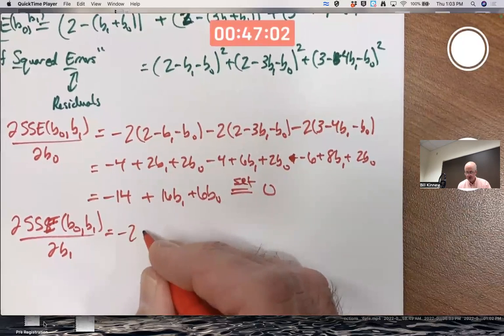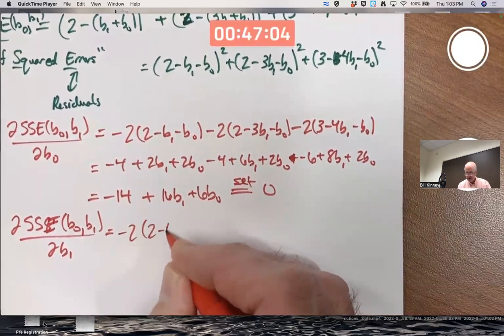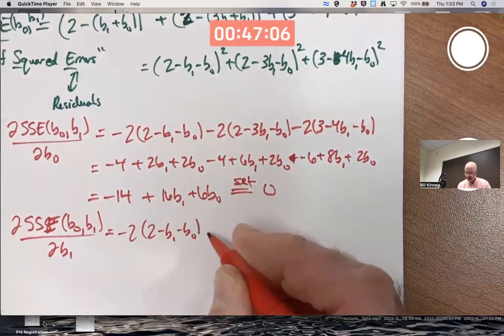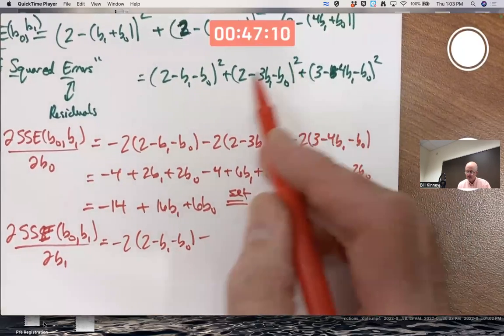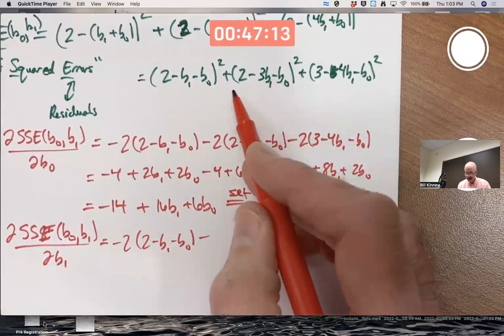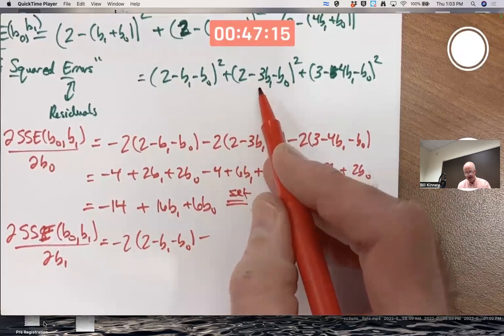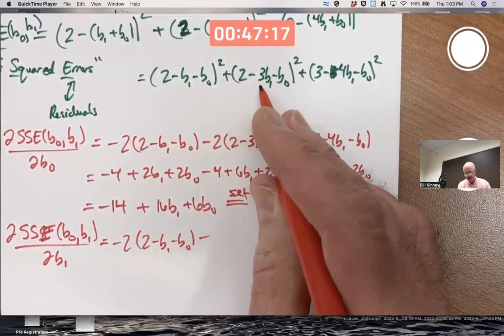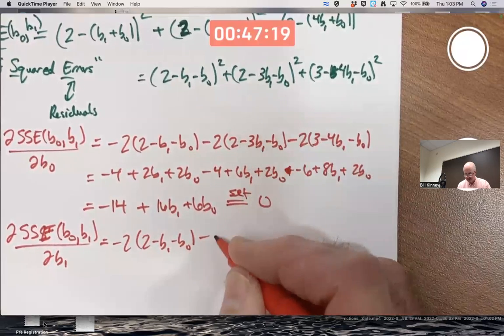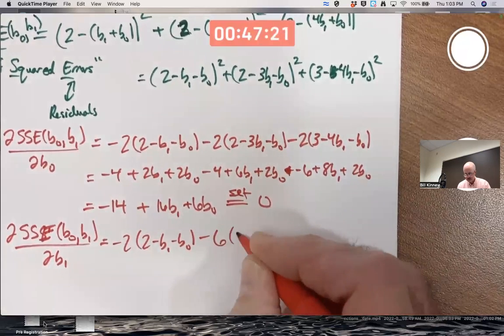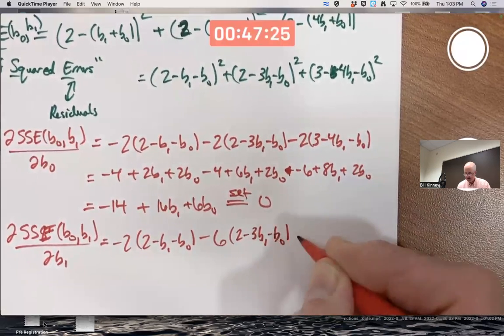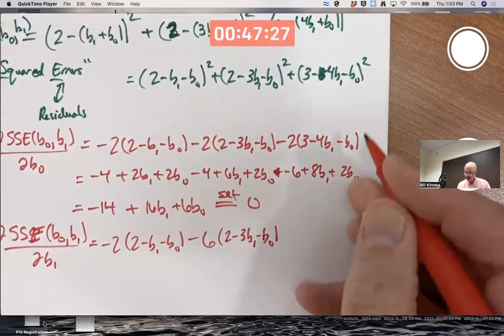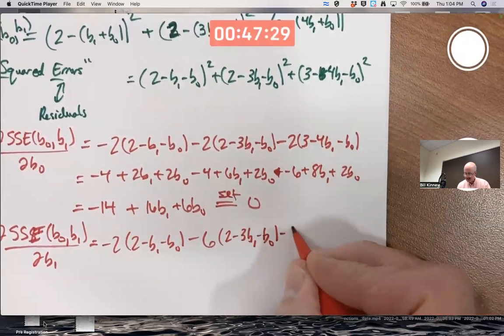So we get -2, 2 minus b1 minus b0, minus, careful with the next one, -2 from the 2 coming down, times 3. The negative sign actually comes from the -3. 2 times -3 is -6. And with the last one, we get a 2 times -4 is -8.